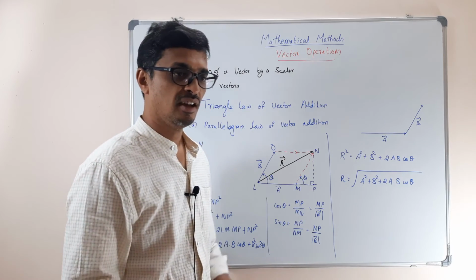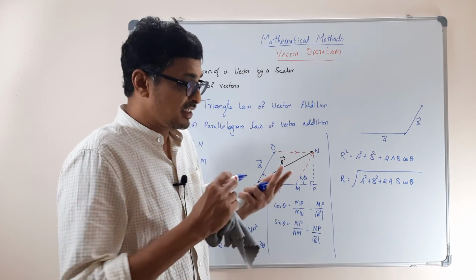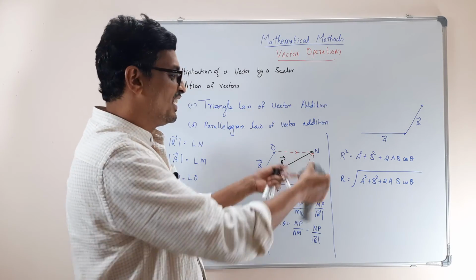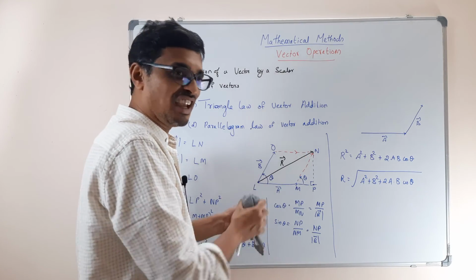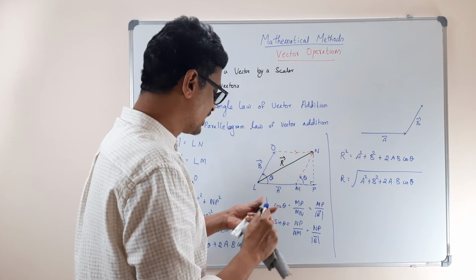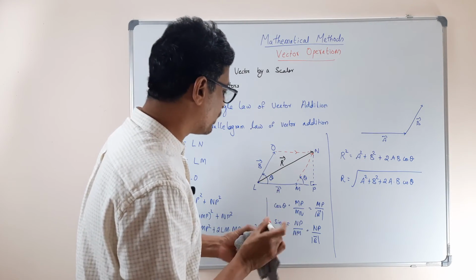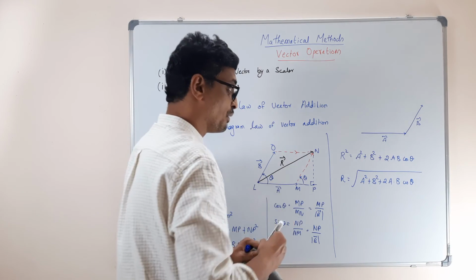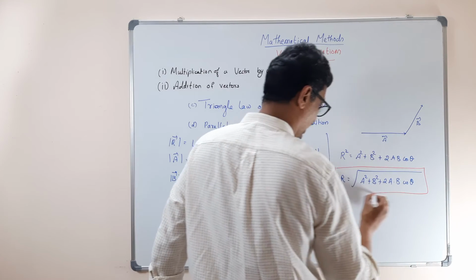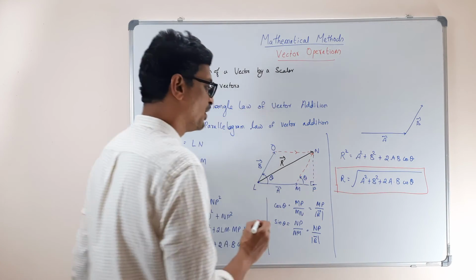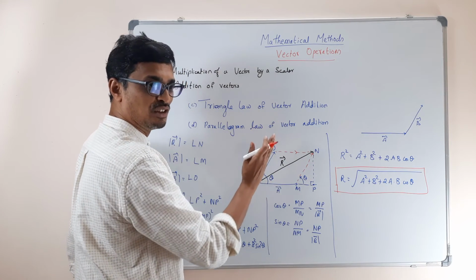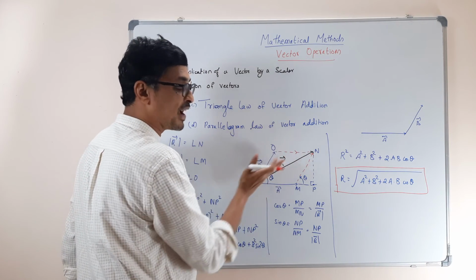You don't write plus minus. Why? This doesn't have a direction. It's a magnitude, it's only the length. So this gives you the magnitude of the resultant vector. If you remember in the earlier triangle law, we just drew a triangle. Suppose you ask me, given a vector A and a vector B, what is the resultant vector magnitude?